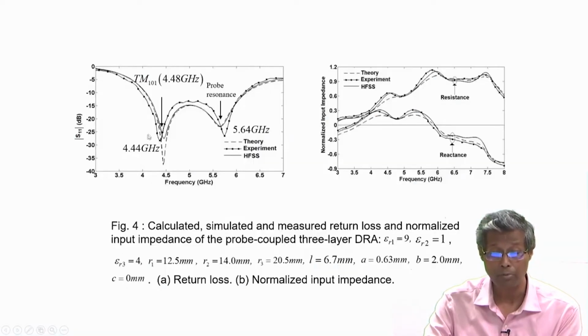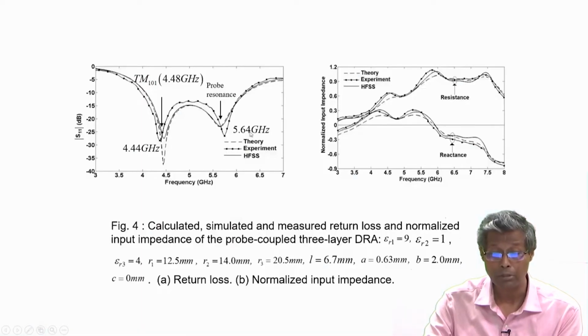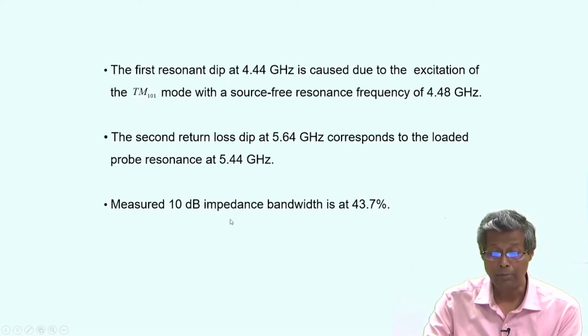The second return loss dip at 5.64 GHz corresponds to the loaded probe resonance at 5.44 GHz. So, the merger between the two results in a wide impedance bandwidth. The measured 10 dB impedance bandwidth is 43.7%.